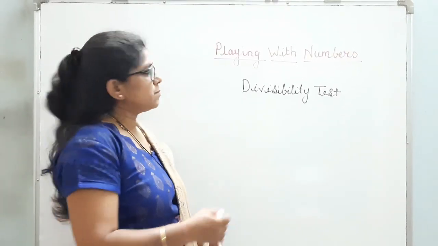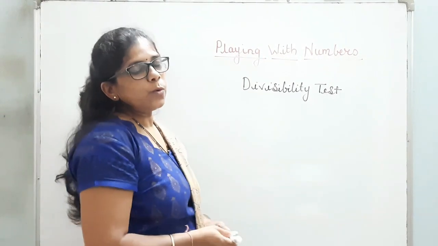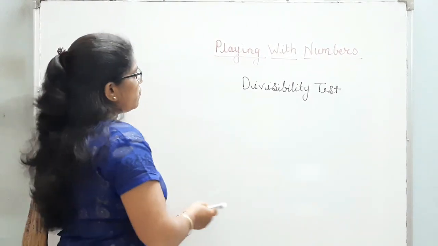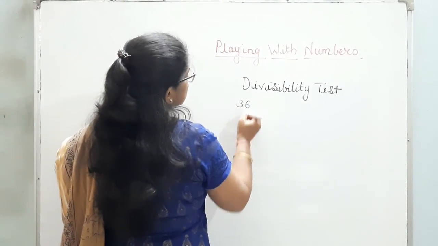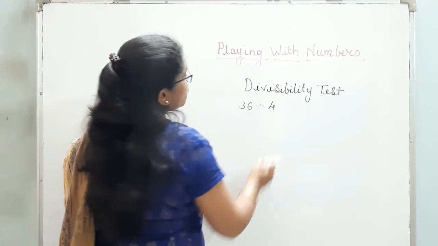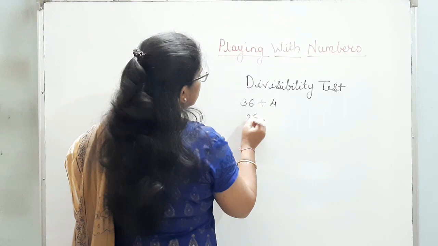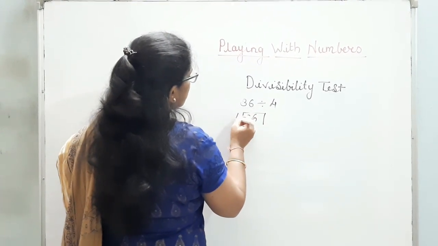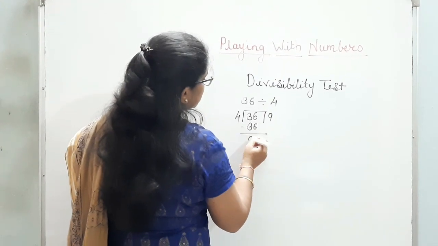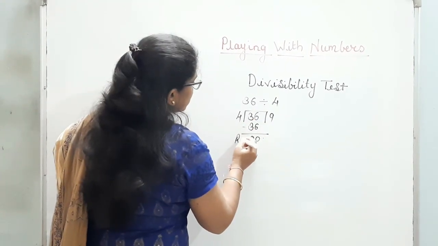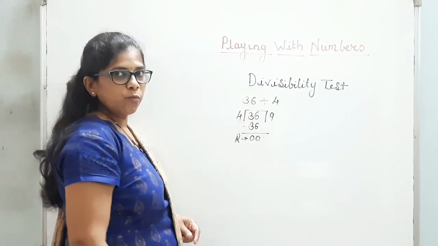We'll start with one concept of this chapter, that is divisibility test. Now, what is the divisibility test? If I ask you whether 36 is divisible by 4 or not, we divide 36 by 4. 4 nines are 36, remainder is 0. If your remainder is 0, we say 36 is divisible by 4.